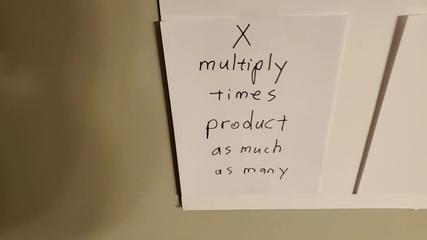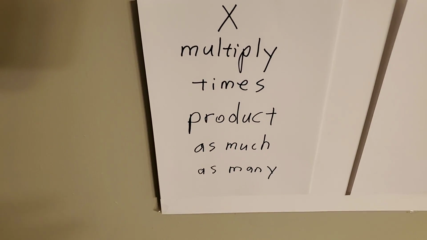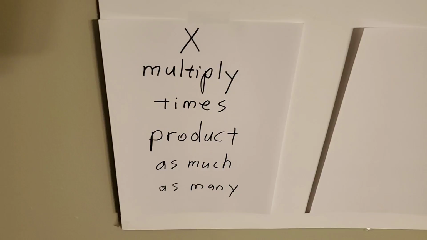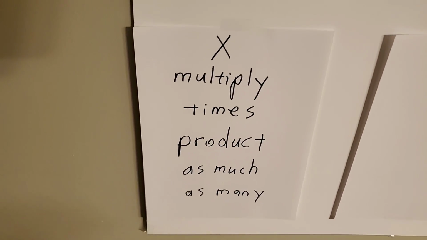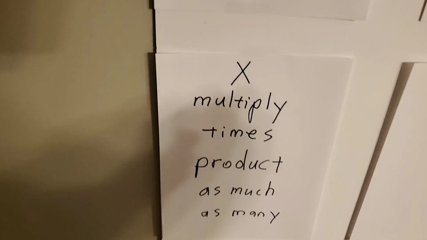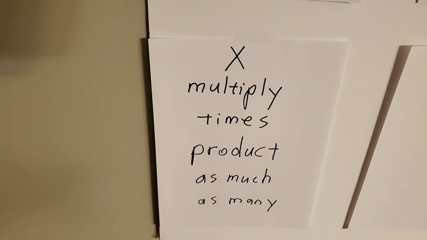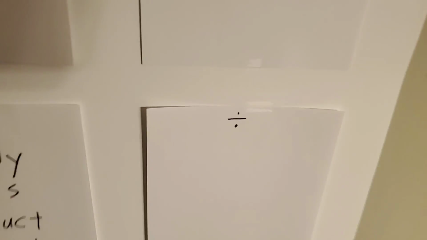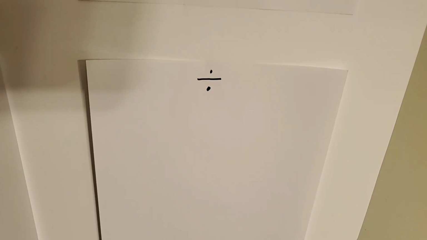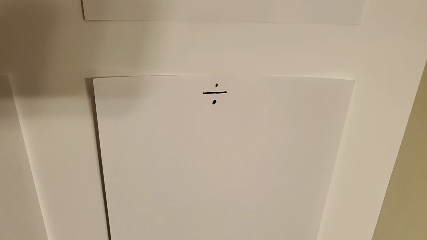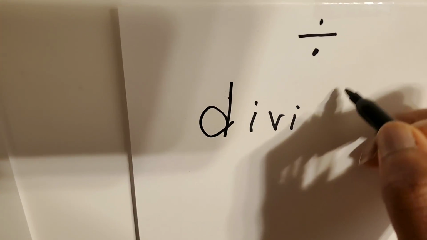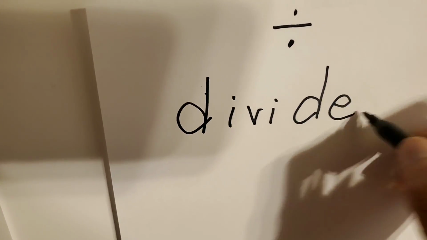So when you are reading a sentence or problem, and you see words like multiply, times, product, as much, or as many, like 3 times as many or 4 times as much, then that lets us know we are going to multiply. And this is a sign we use when we make our multiplication problem. Now, for our last sign, when you see this sign, what words do you think of? Everybody should figure this one out. Divide.